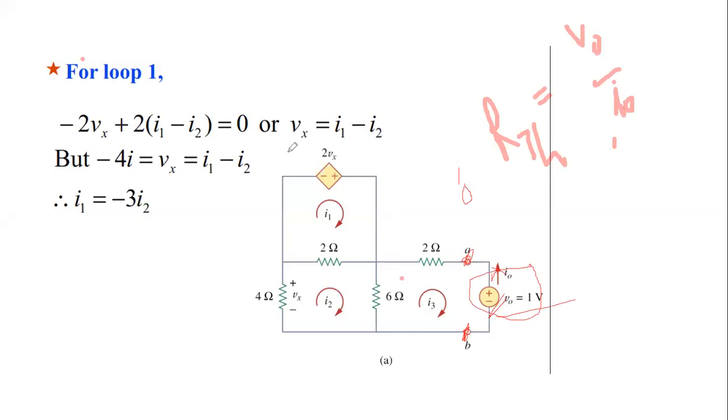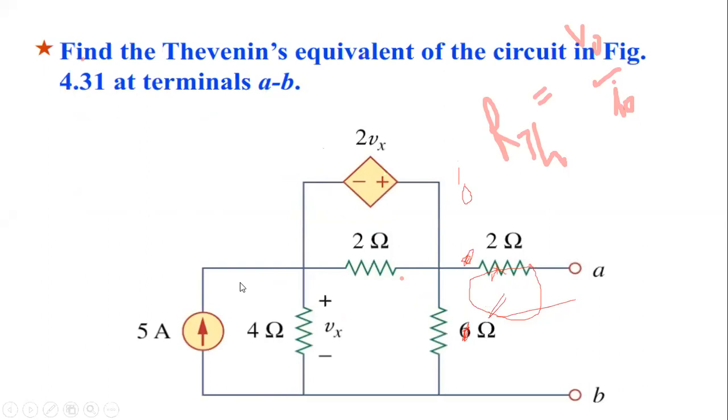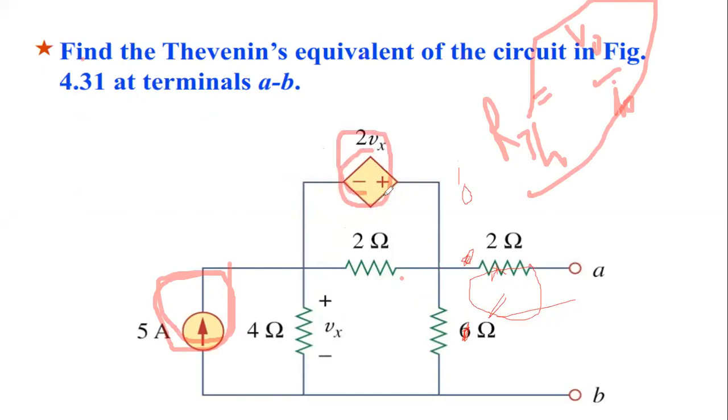Now listen carefully, the process for finding RTH is different for dependent cases. Whenever we have dependent sources, all other sources will be switched off. You can see in the circuit, all other sources have been switched off. If an independent source is a current source, it will be open circuited. If it is a voltage source, it will be short circuited. This is just the procedure for RTH. But the dependent source you do nothing with; it will remain as it is.